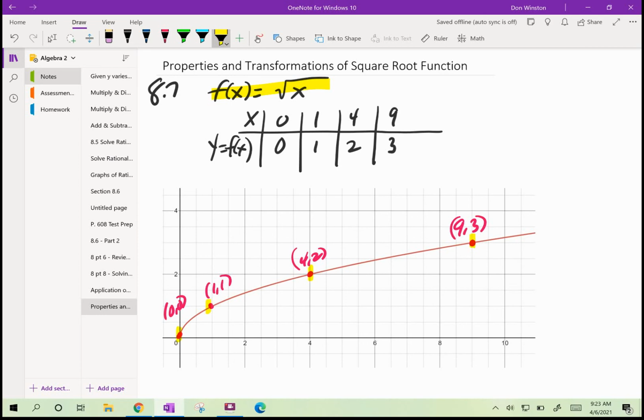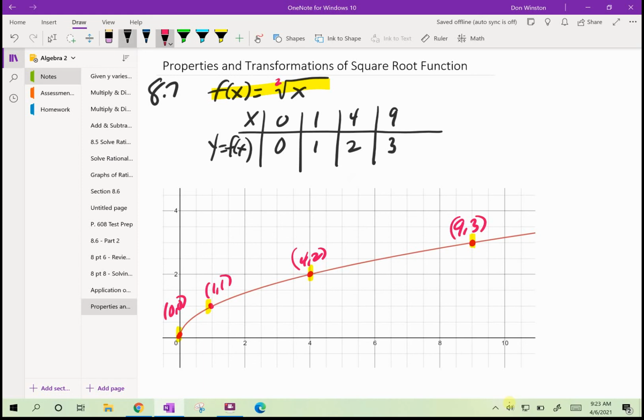We always assume that underneath the radical we're working with the real number system, so we can't have negatives. We can't have negatives underneath the radical because I have an even index. I'm taking the square root, or index 2, so I can't have a negative underneath the radical.